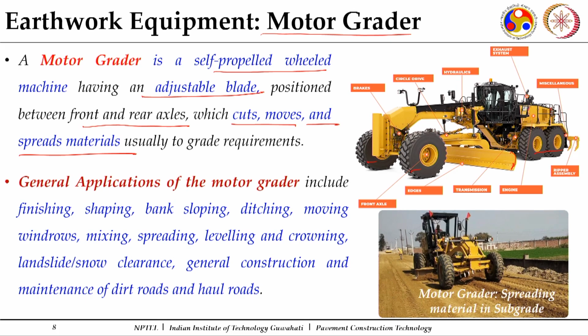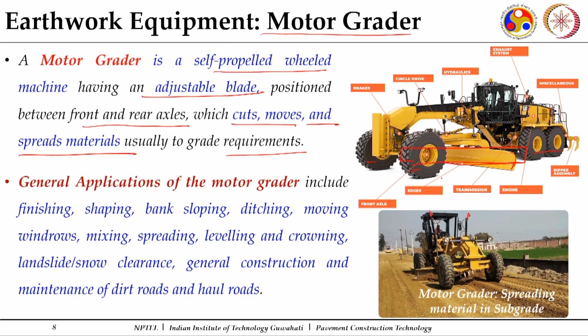If you find that a subgrade layer has been constructed in a thickness more than desired, you can cut it down to a particular depth and to a certain grade, because the angle of this blade can be adjusted.